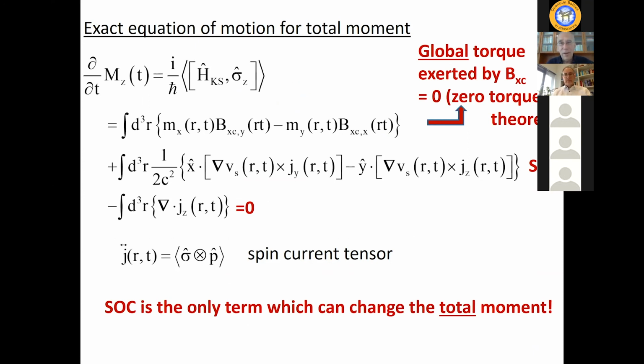Okay, so I talk about the integrated version. The other equation was just without the integral over the unit cell. So there are three terms here.